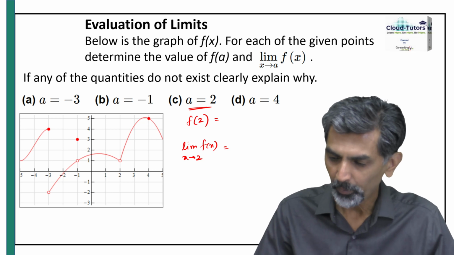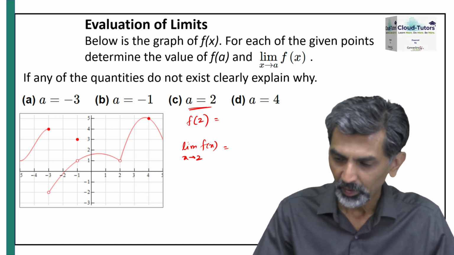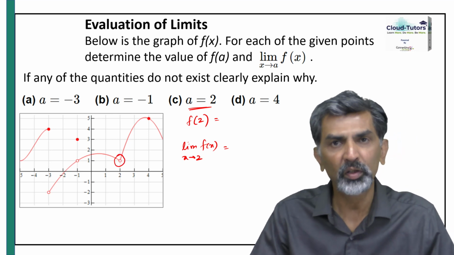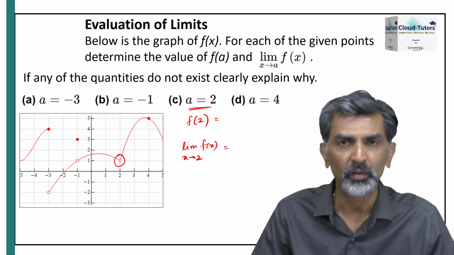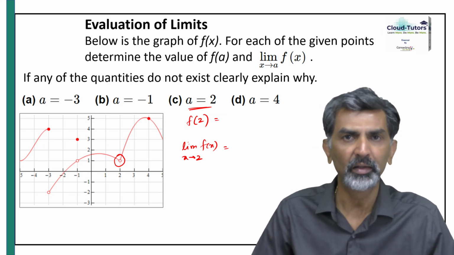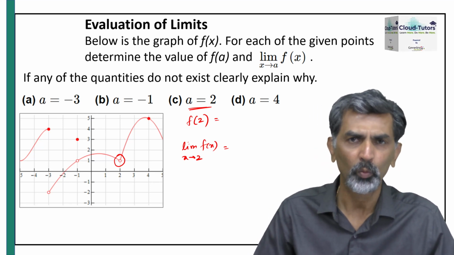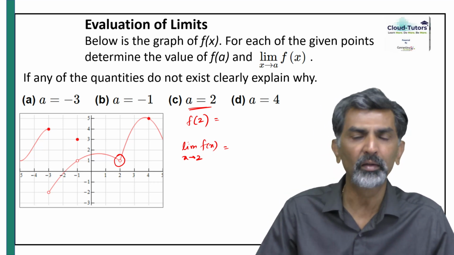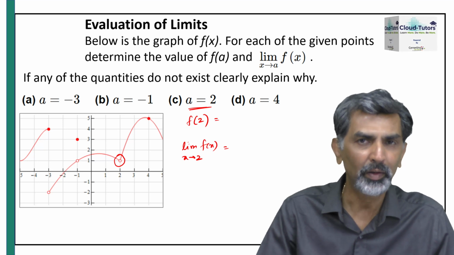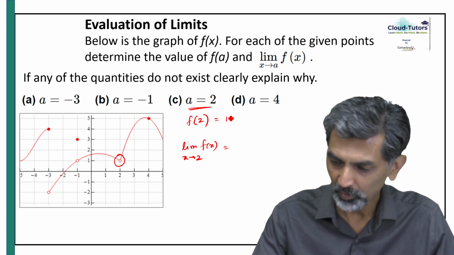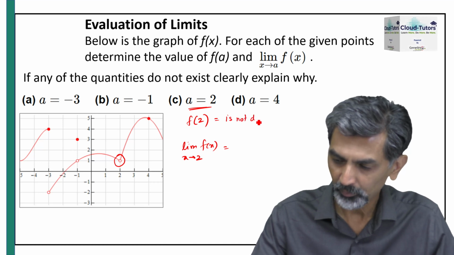Now when x is equal to 2, you look at the graph and you see that hollow circle there. It indicates that the function is not defined at x is equal to 2. Why is it not defined? It's hard to say, but the graph clearly says that the function is not defined at x is equal to 2. So we can say f of 2 is not defined.